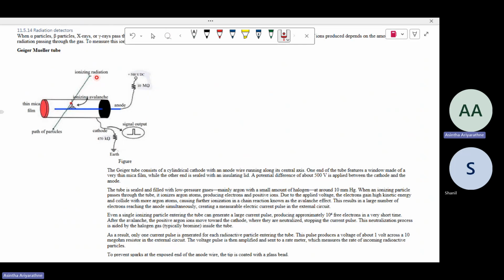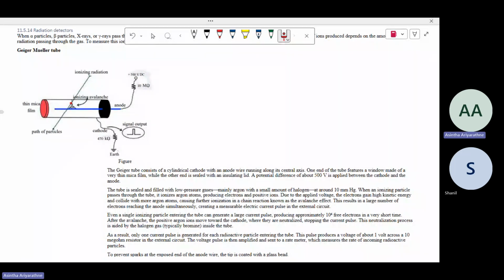So what happens here is, we have to bring this Geiger-Müller tube closer to the place where we want to check whether radioactivity is present or not.